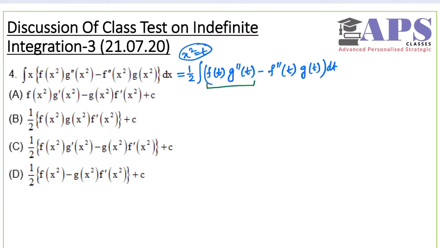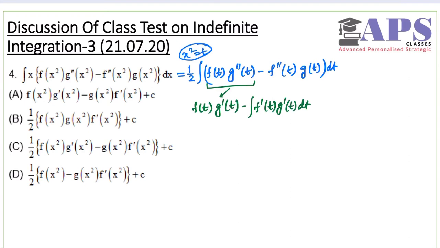First, if I use integration by parts for that, I am not writing half here, keeping half outside. I will get f t into g dash t minus integration f dash t g dash t dt.